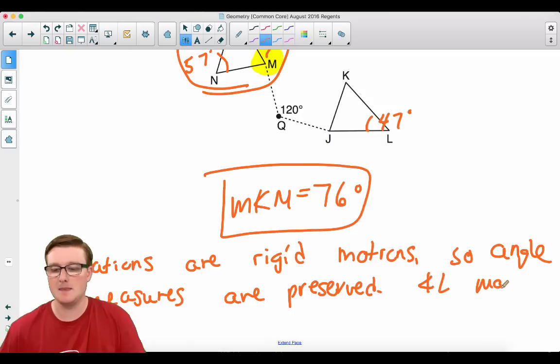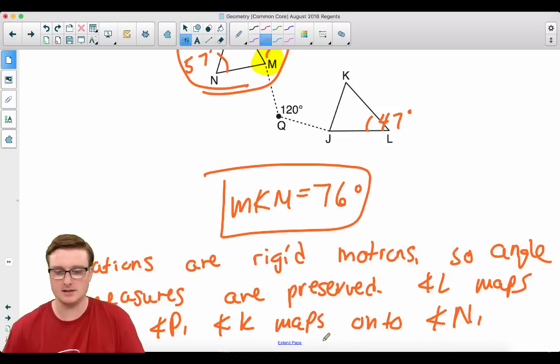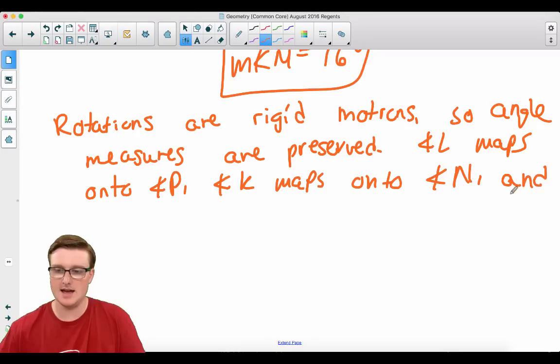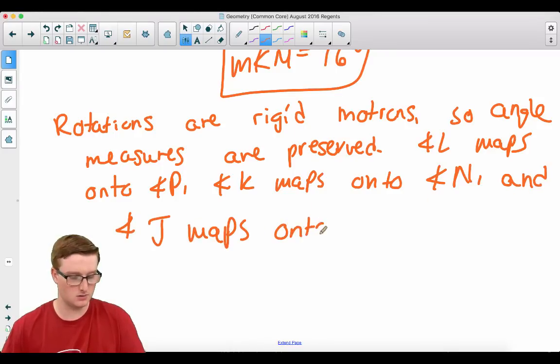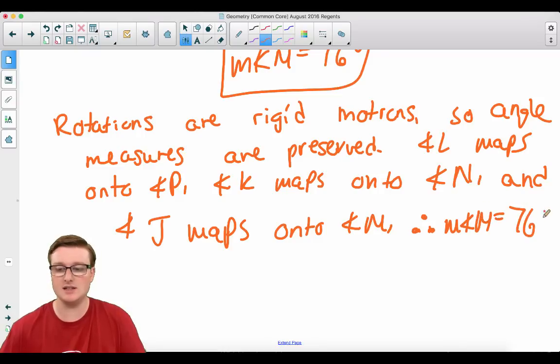Angle L maps onto angle P, angle K then maps onto angle N, and angle J maps onto angle M. Therefore, these three dots, by the way, mean therefore. Therefore, the measure of angle M is equal to 76 degrees.